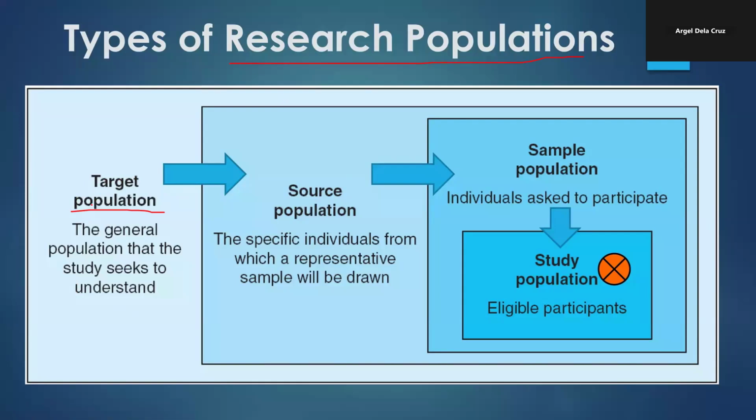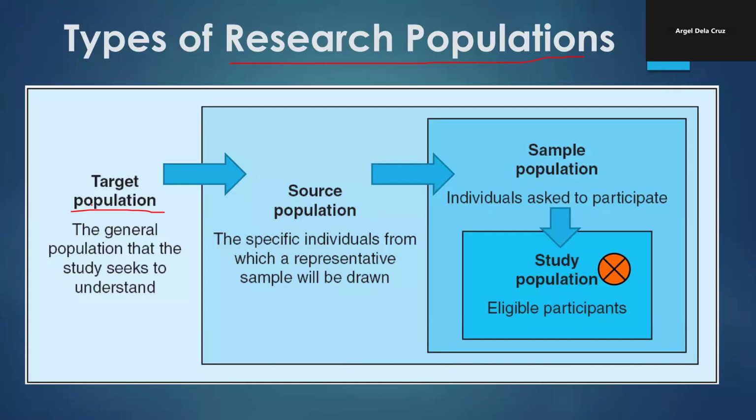For example, let's say COVID vaccine. So what is my target population? Everyone. So except cancer patients, except for HIV patients, except for elderlies, let's say 80 and above, and except for infants and children below 5 years old, because these are populations that are not covered in any research because of certain physiological, immunological, and chronological issues.